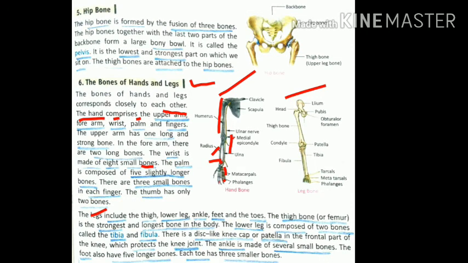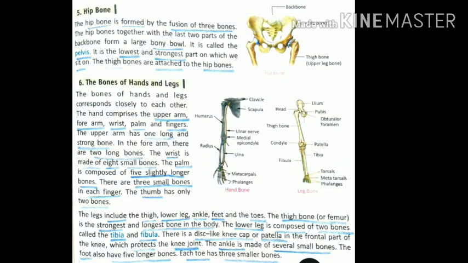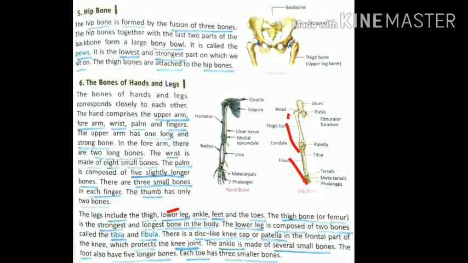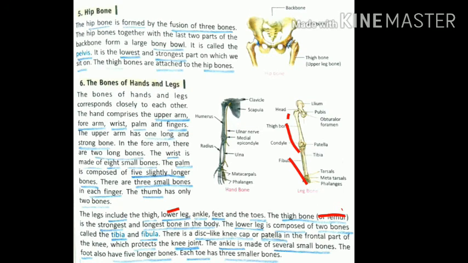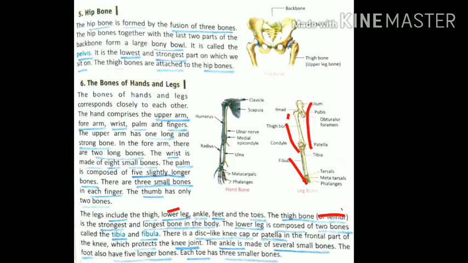And if we talk about the legs, then the lower leg is this one, and the upper leg is this one. The leg has the longest and strongest bone in our body, called the femur. This one is the femur. The lower leg is composed of 2 bones called tibia and fibula.